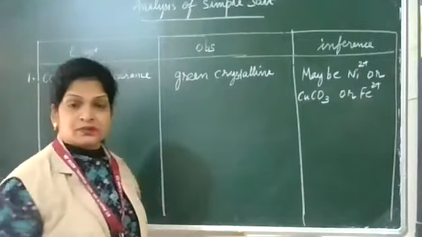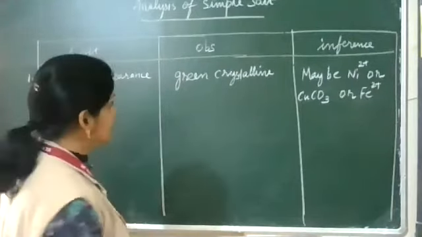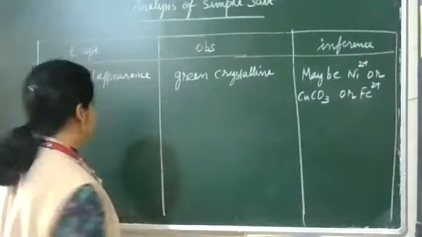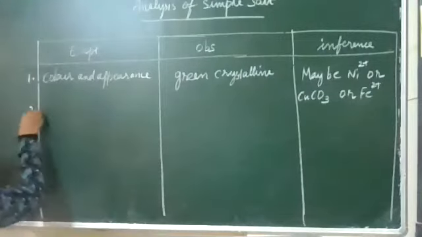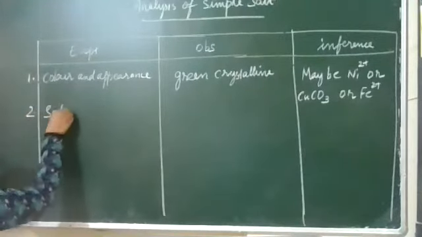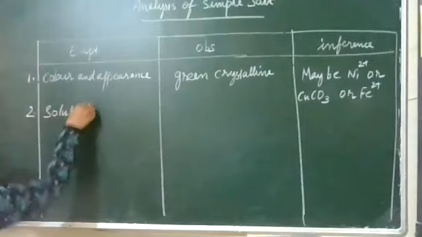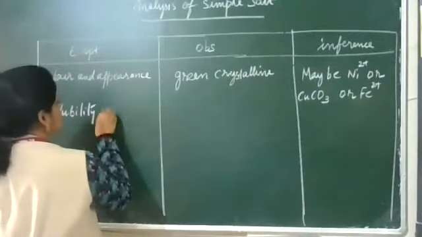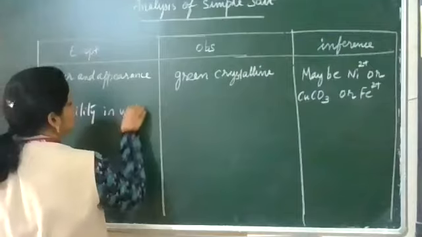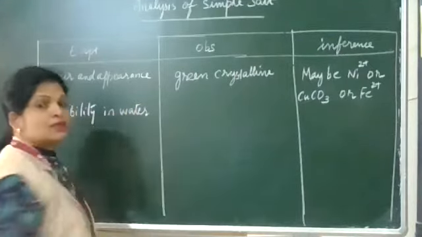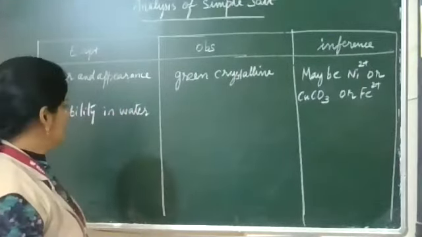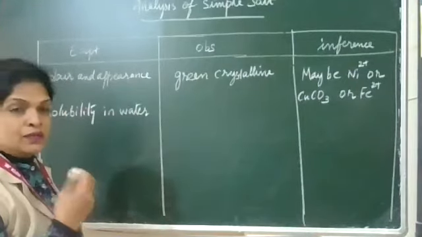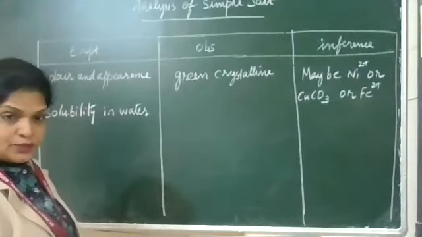Next, what you check is solubility. Crystalline, then it will be soluble in water. So number 2, solubility in water. Only water soluble salts will be given. In higher classes you have solubility in water, in dilute HCl, and in dilute HNO3.